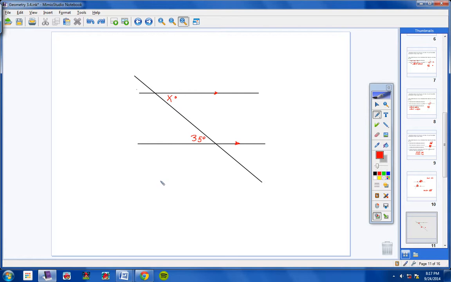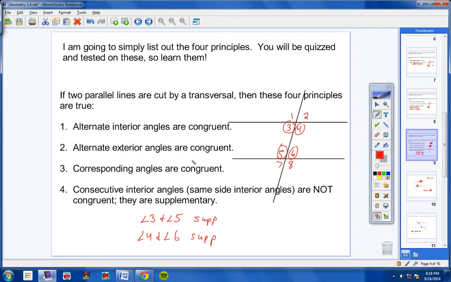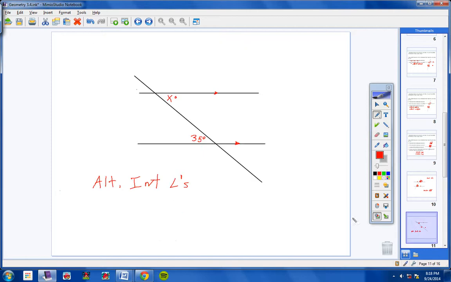Do you see that? So, if we have two parallel lines cut by a transversal, we have this angle here and this angle here. Now, those two angles are called alternate interior angles. And we learned back here that alternate interior angles are congruent when two parallel lines are cut by a transversal.